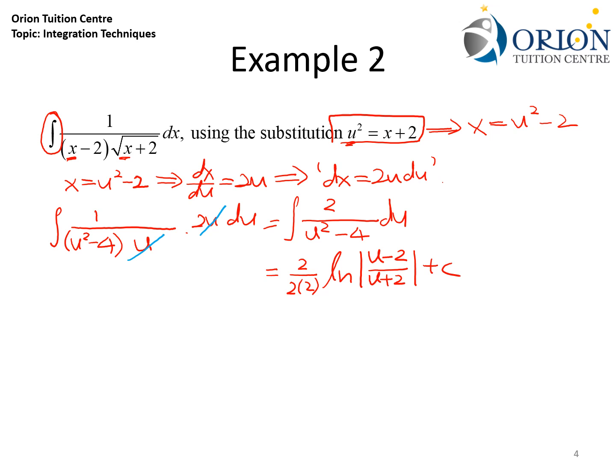And note that our answer now is in terms of u, which we do not want, since the question is given in terms of x, and therefore we have to simplify and do a back substitution, and that gives us 1 over 2 ln mod of (square root of x plus 2 minus 2) over (square root of x plus 2 plus 2) plus c, and that's it.